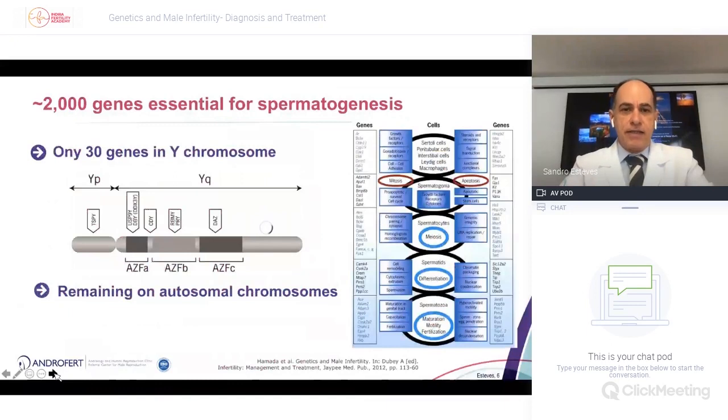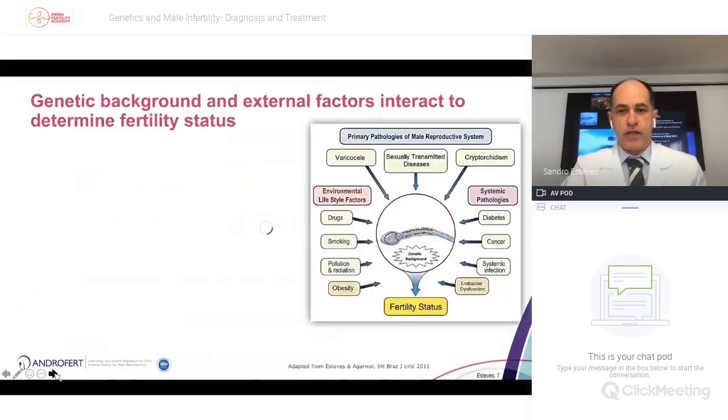Most specifically, these genes are located in a region called AZF. AZF means azoospermia factor, containing the most important genes for spermatogenesis. We will go through the Y chromosome most importantly in the next lesson, but I will also discuss the Y chromosome today.